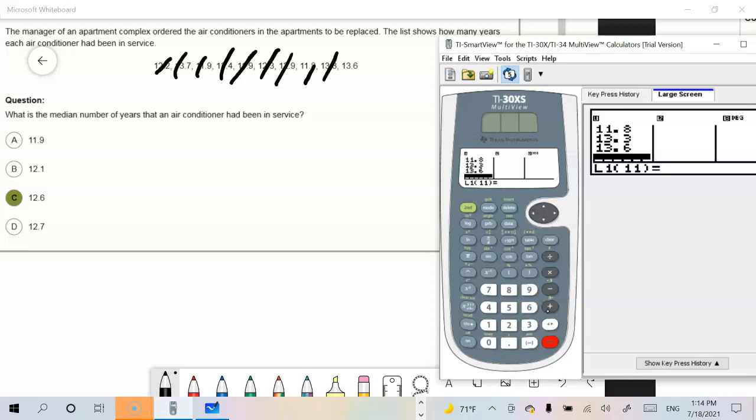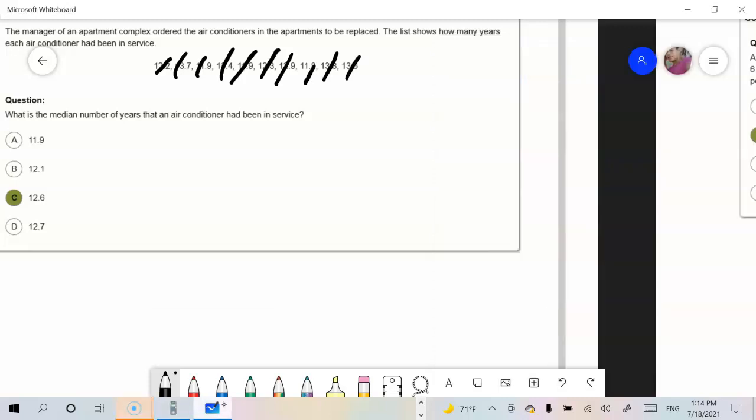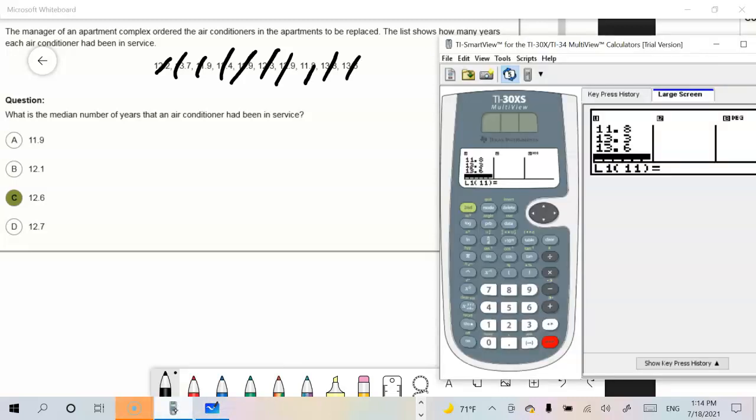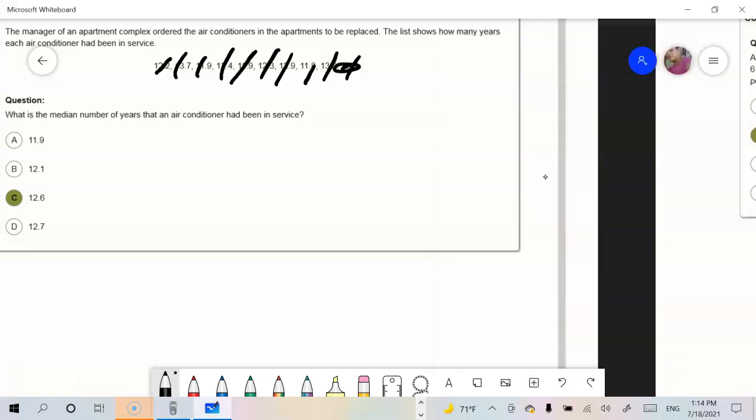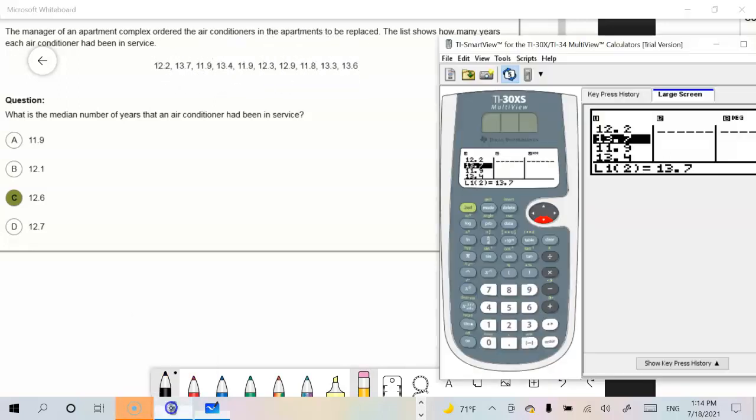So I want to check that all of my numbers are okay. But make sure that before you do any calculations, you have the right numbers in your calculator.